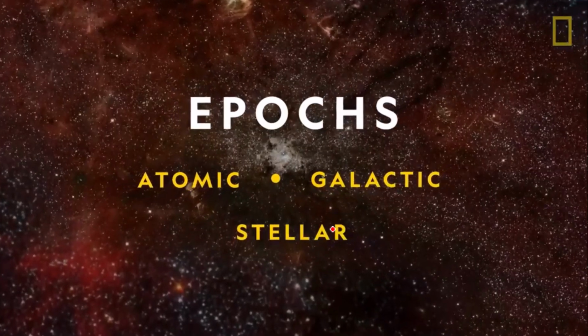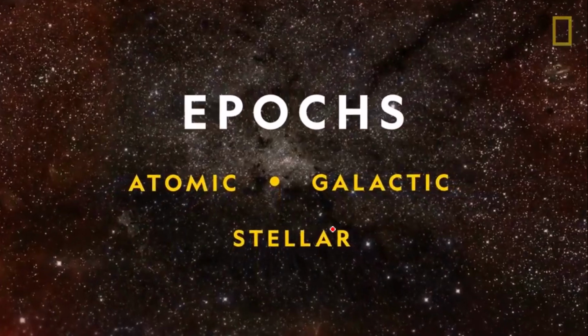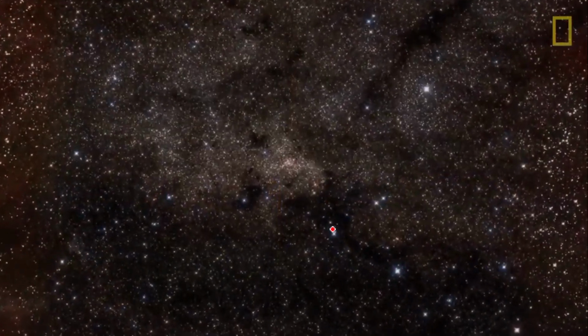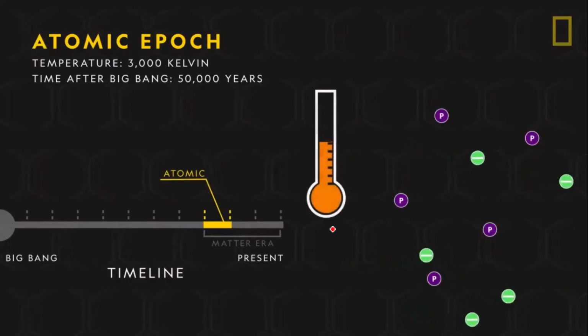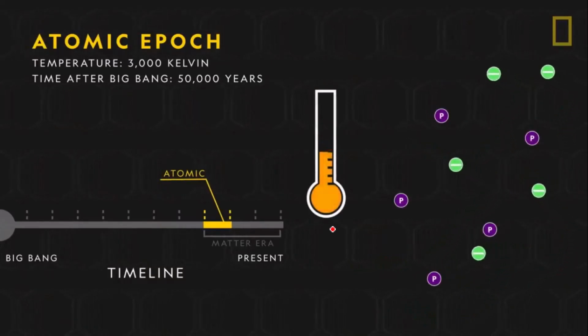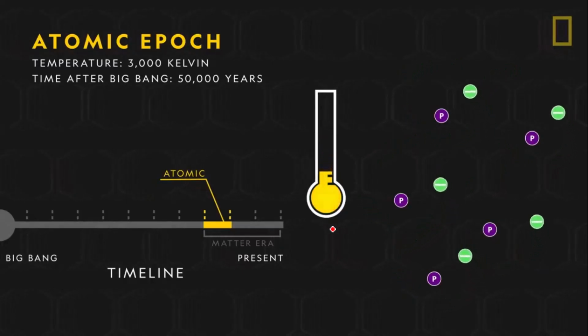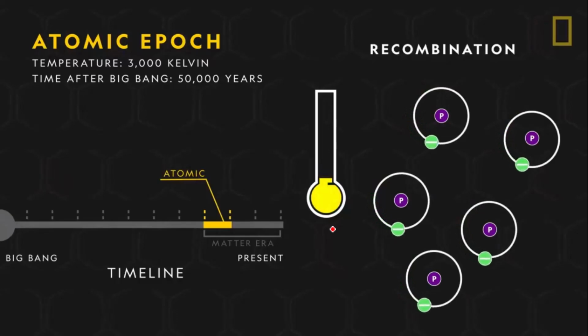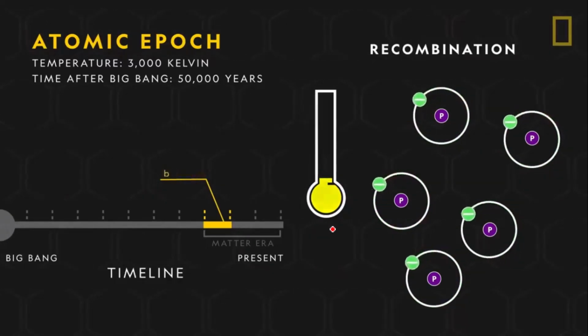It features three epochs that span billions of years, the vast majority of the universe's lifespan, and includes the present day. The first was the atomic epoch. In this stage, the universe's temperature cooled down enough for electrons to attach to nuclei for the first time. Called recombination, this process helped create the universe's second element, hydrogen.